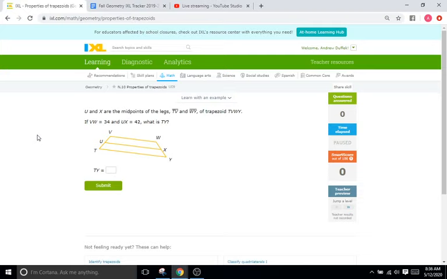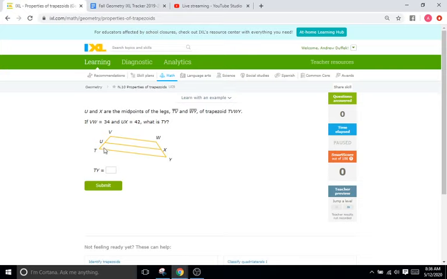So here we have a trapezoid, and remember a trapezoid is a shape with one set of parallel lines, so these opposite lines over here, VW and TY, are parallel, right? Different lengths, but parallel. And then these two sides join them together. They are definitely not parallel.